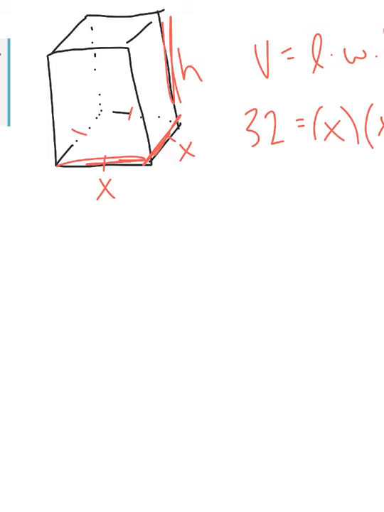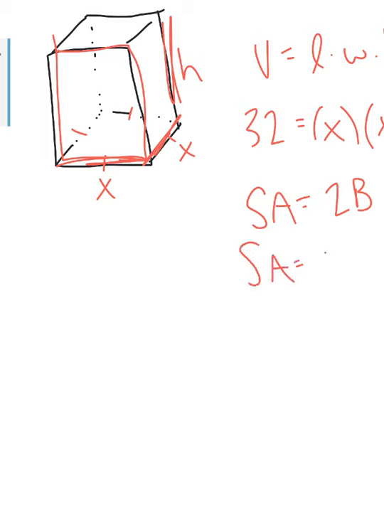Let's take a look at surface area here. My surface area formula for this would be 2 times the area of my base, I'm going to use capital B for that, plus 4 times what's called the lateral area. It's these little rectangular panels, and there's 4 of them, and that's really just X times H. I can say that the area of my base is just X squared because I'm multiplying this times this.